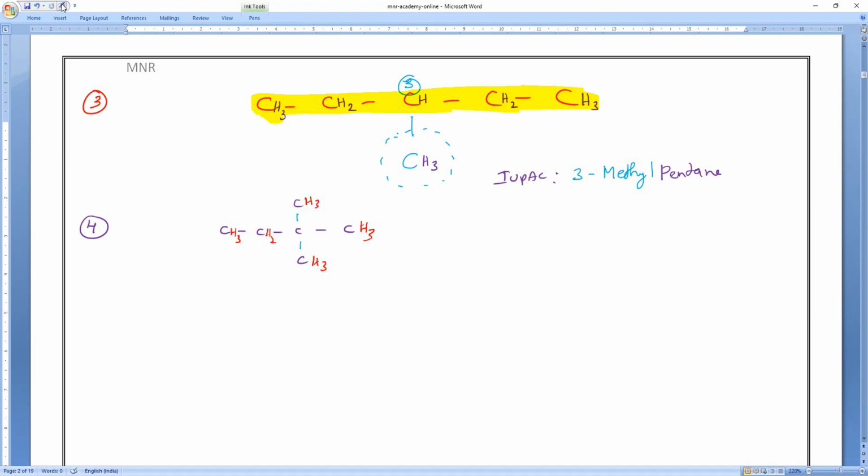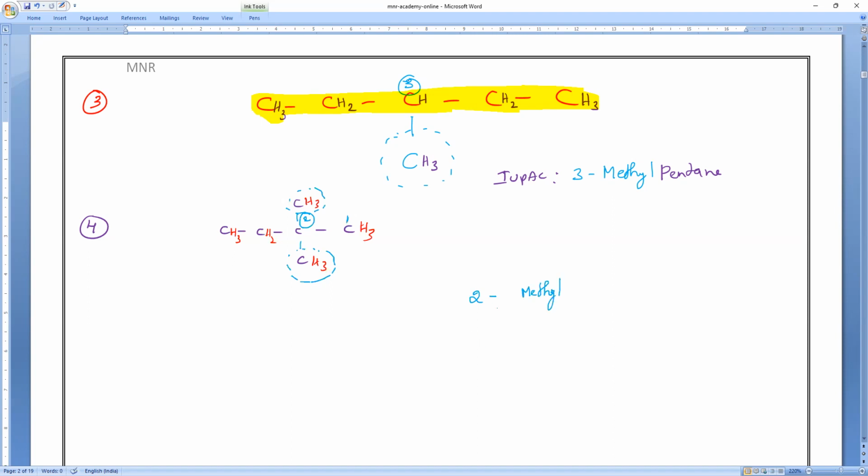So now, name it. The branched chain should get the lowest number. So 2, 1 and 2. So 2 hyphen. What is the alkyl group present here? Methyl. But 2 methyls are there. 2 methyl means what?